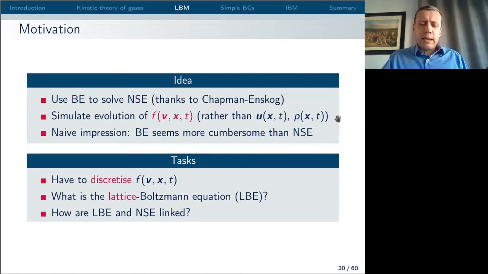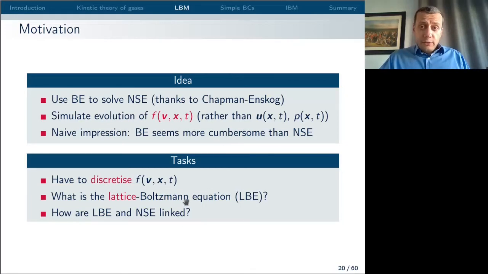And you could say, well, the Boltzmann equation is much more difficult, it has more variables, it should be much more difficult to do this. Why do we actually bother, right? And the counterintuitive outcome is that Lattice Boltzmann, if you do it right, can be even more convenient than a direct discretization of the Navier-Stokes equation.